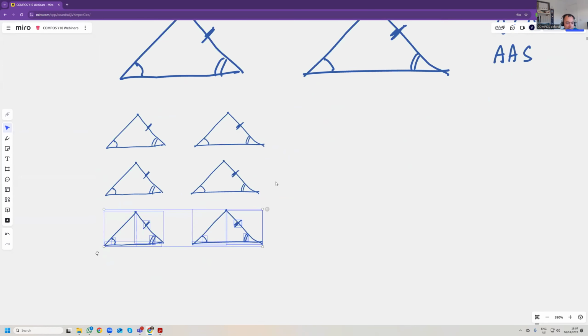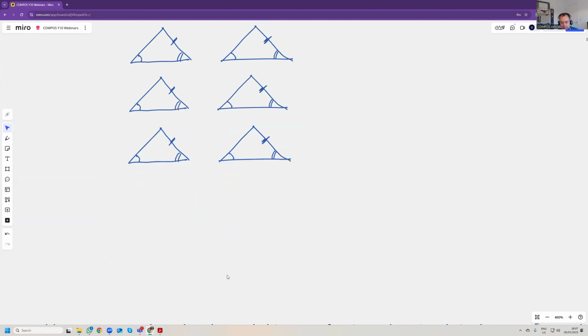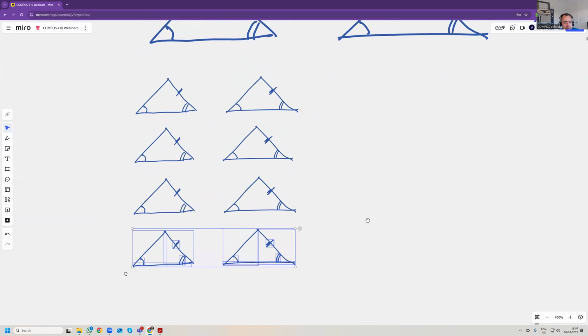Right, so let's look at all possible scenarios. Angle, angle, side.